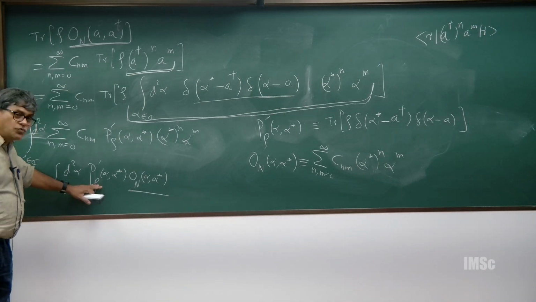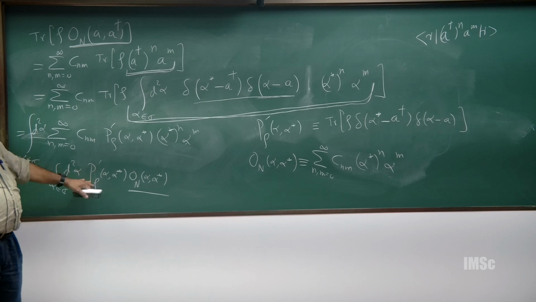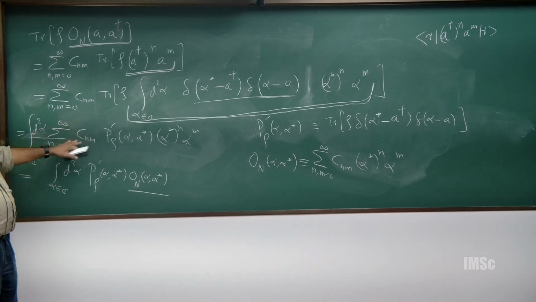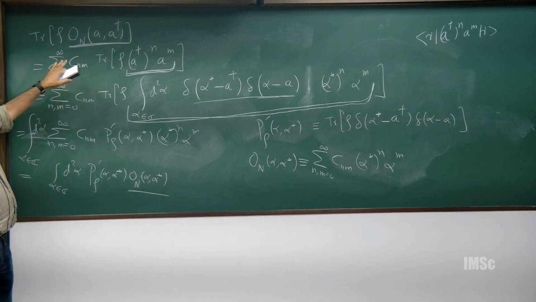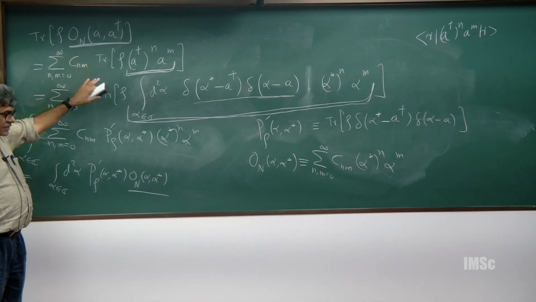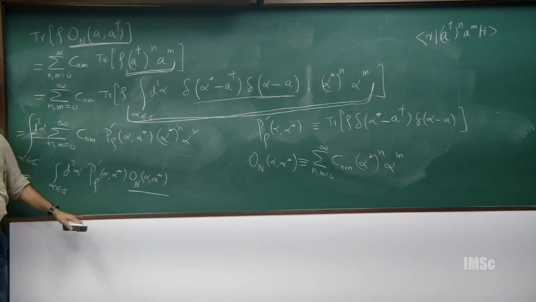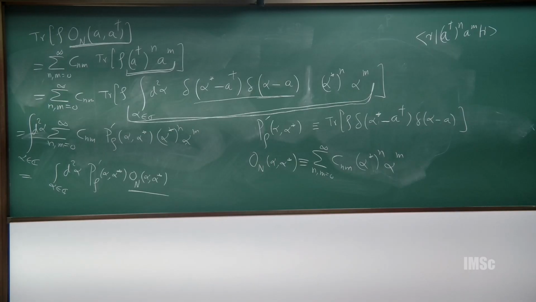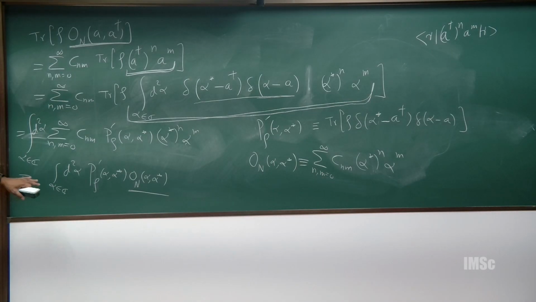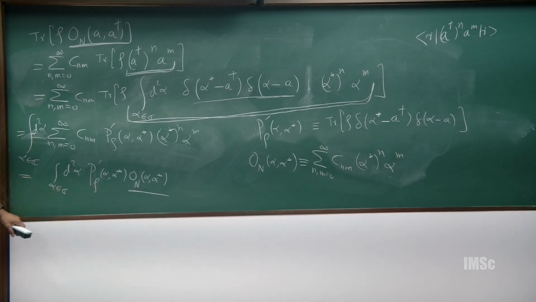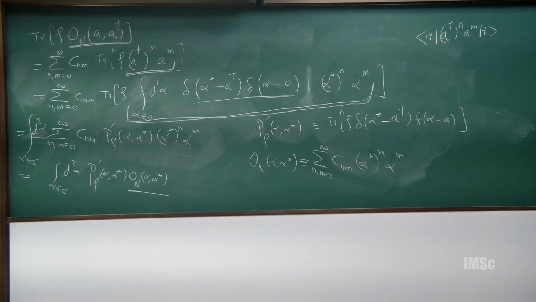So, this is what we do in classical statistical mechanics. So, this is at the operator level, but this is at the function level. Everything here is a scalar function.